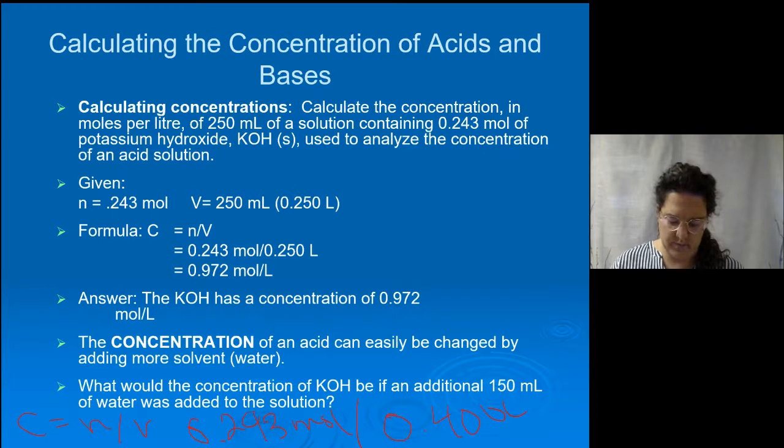So 0.243 divided by 0.4 gives us a total concentration here of 0.608 moles per liter. That's a zero there. So 0.608 moles per liter. So we've made a more dilute solution by adding more water.